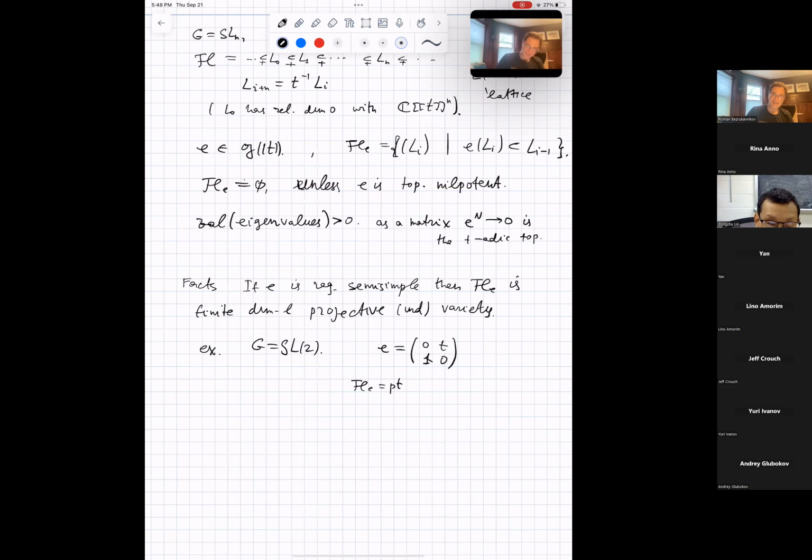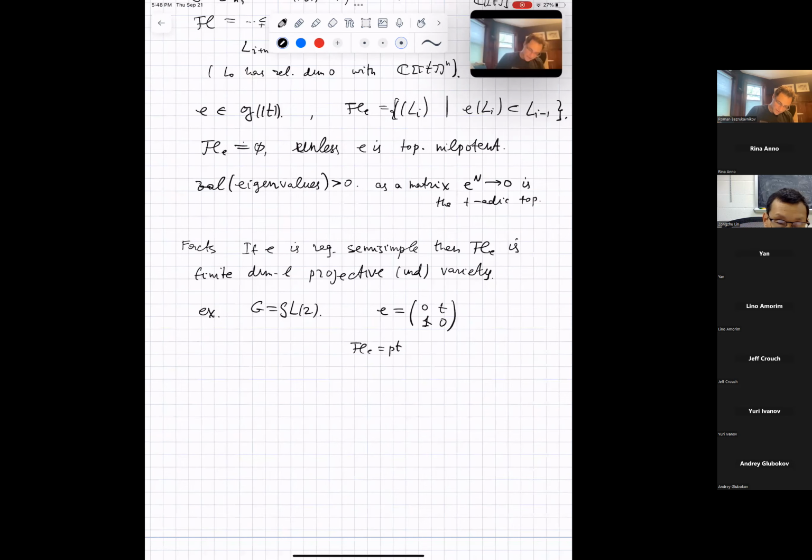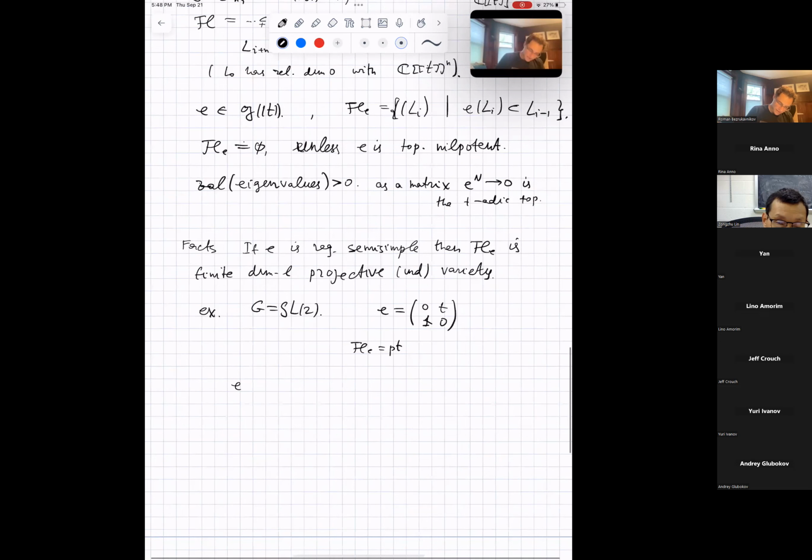This is an analog of regular nilpotent. The next example is E equal to (0 1; T^2 0), and then full E is a union of 2 lines, exactly like that.